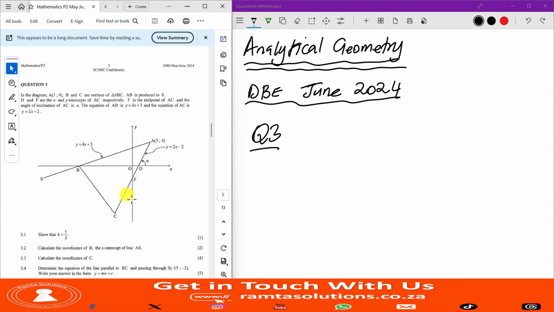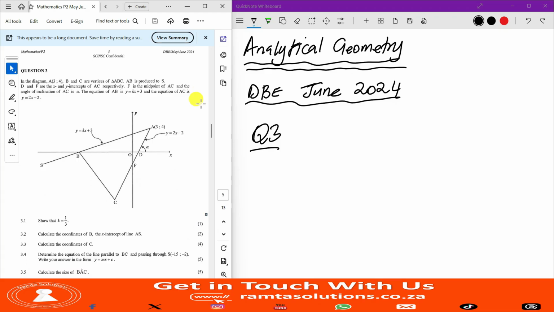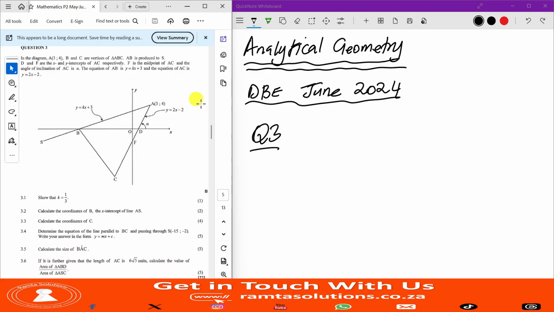Normally analytical geometry is question 3. Here it is. In the diagram, A with coordinates (3;4), B and C are vertices of triangle ABC.